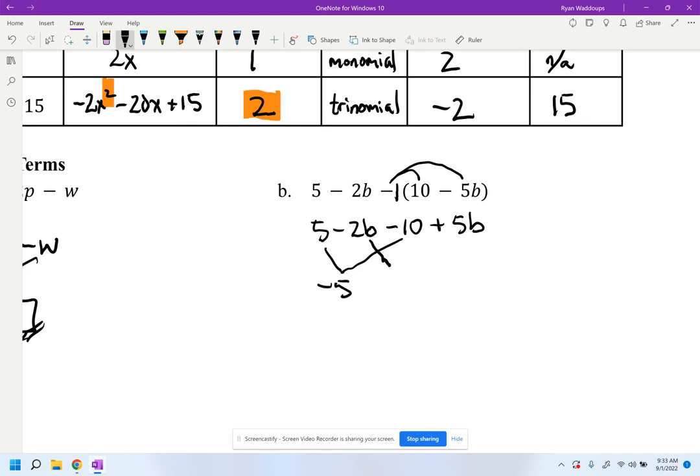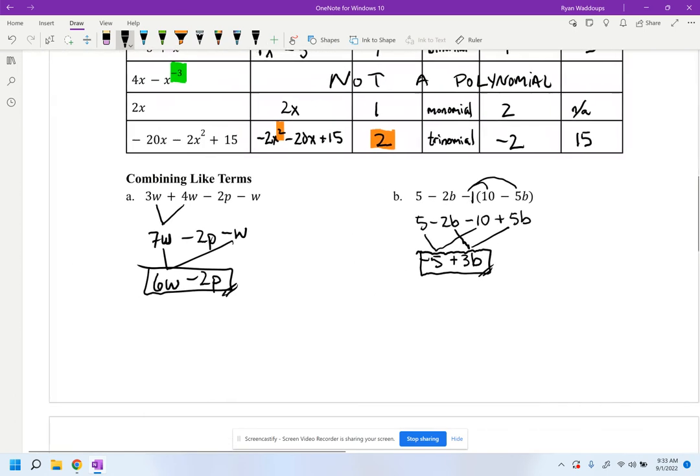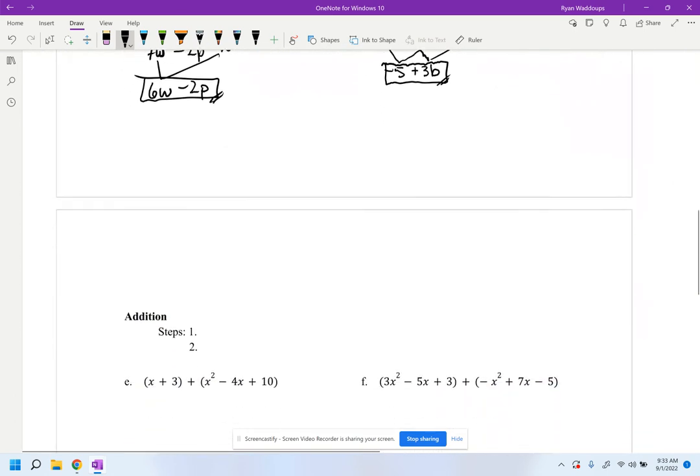And I've got negative 2b and plus 5b. And that would be plus 3b because they're different signs. So you subtract, and it takes the sign of the larger absolute value. So 5b is larger than negative 2b, so that's positive 3b. And those are no longer like terms, so I leave them as negative 5 plus 3b.